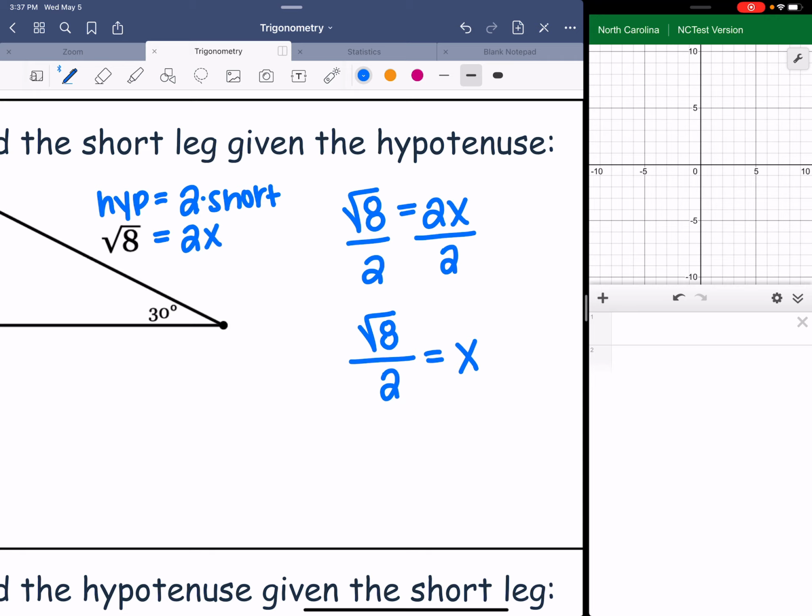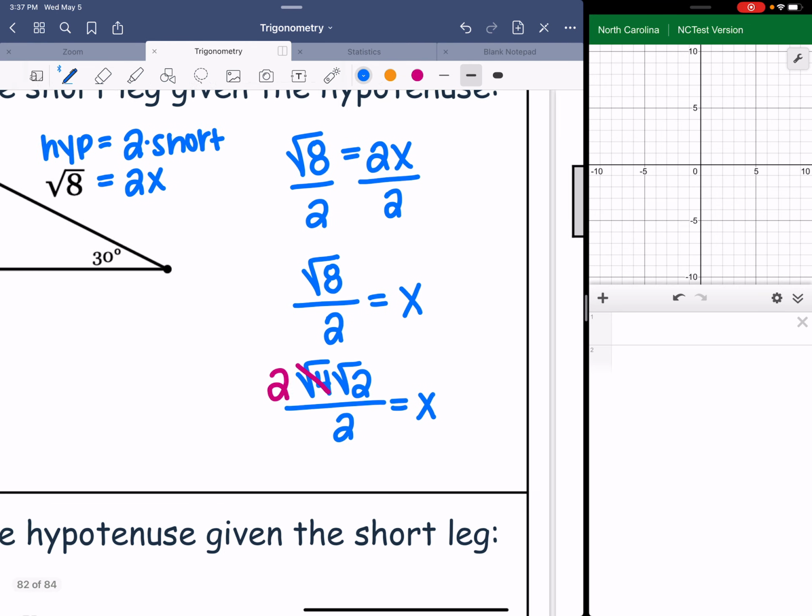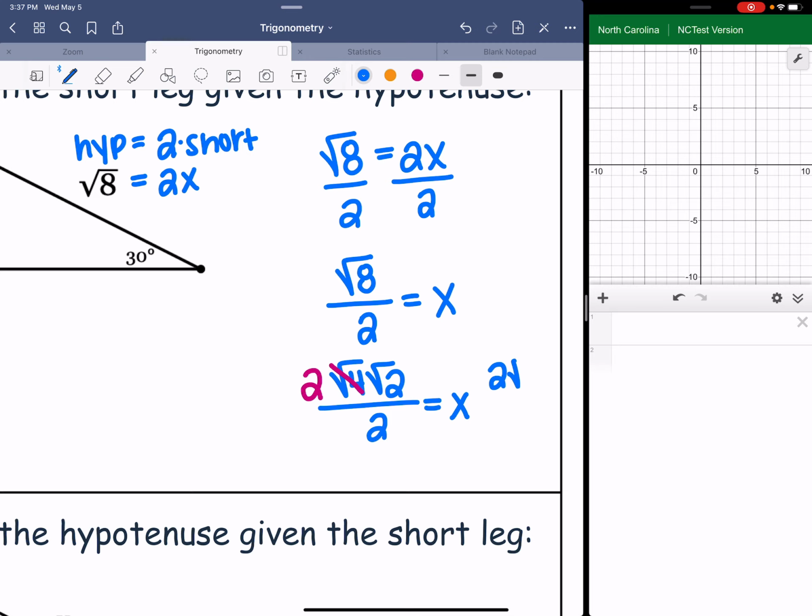Now the only thing we want to do here is see if we can simplify the square root of 8. And we can, because the square root of 8 is the same as square root of 4 times square root of 2. All right, so the square root of 4 is 2. So that leaves us with 2 square root of 2 over 2 equals x.